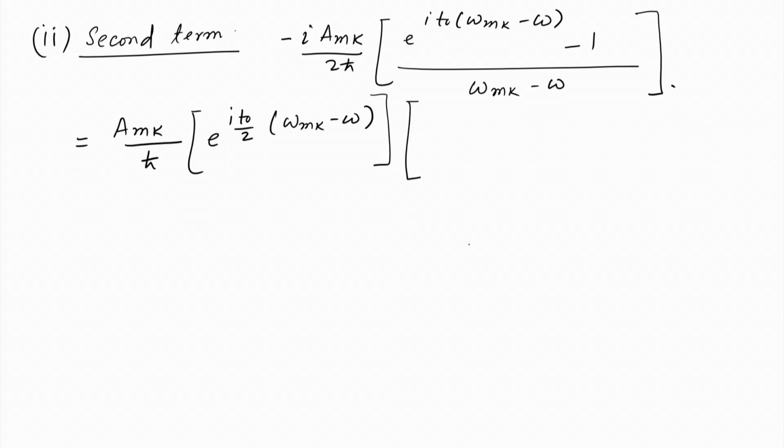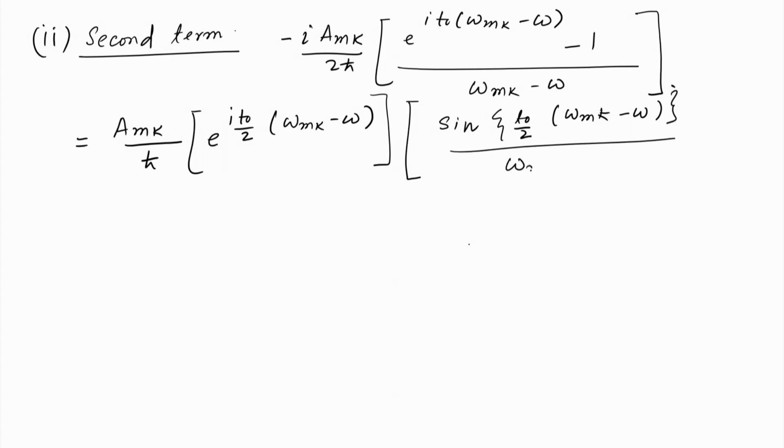So, this becomes really a sine, and then there is a t naught by 2 omega m k minus omega, divided by omega m k minus omega, and we just come back to this term.